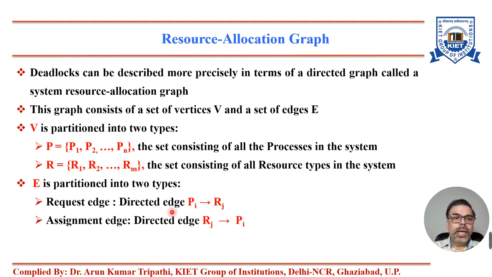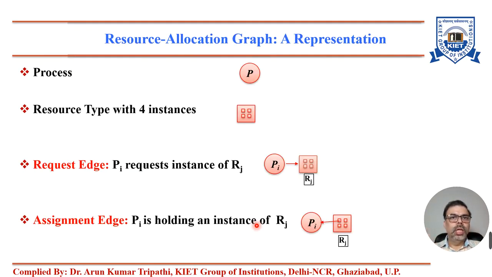If process Pi is requesting resource Rj, there is a directed edge from Pi to Rj. In case of assignment, if a resource is allocated to a particular process, it is depicted as Rj to Pi.